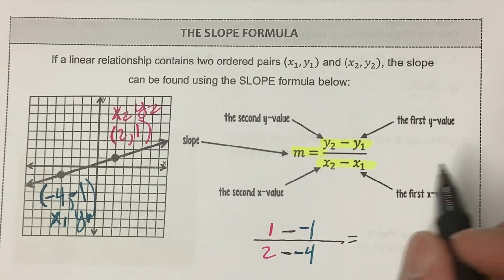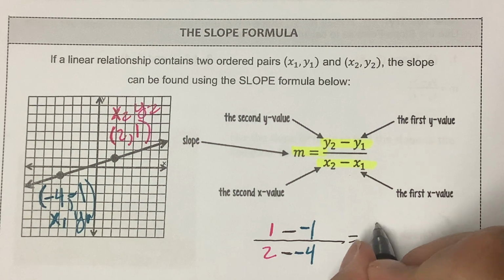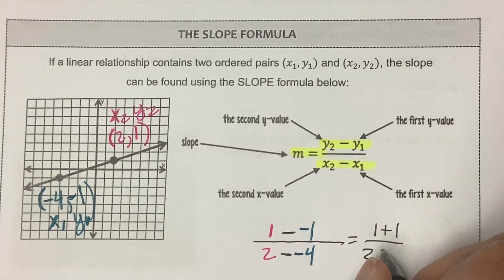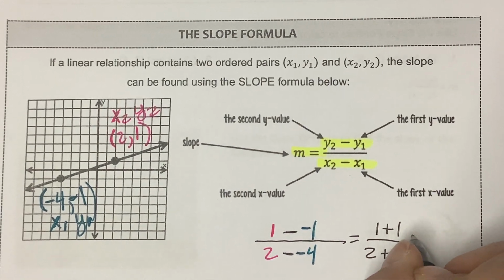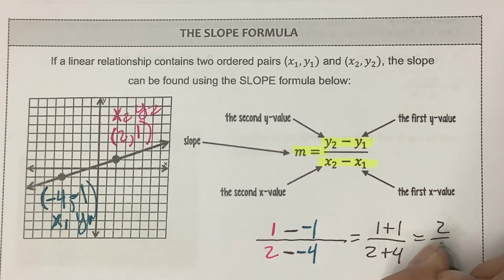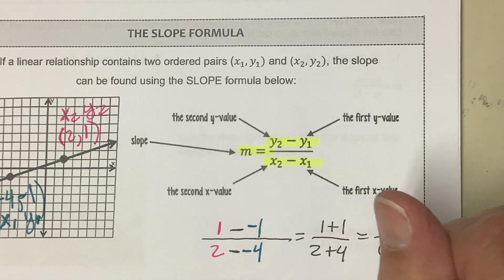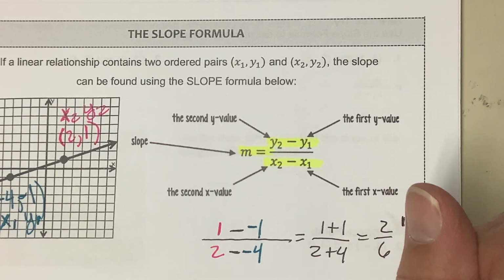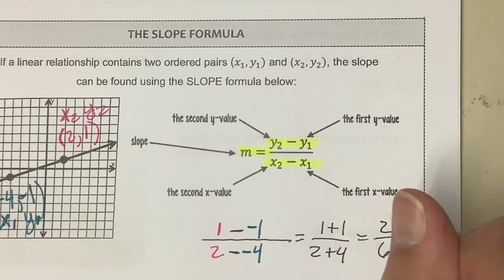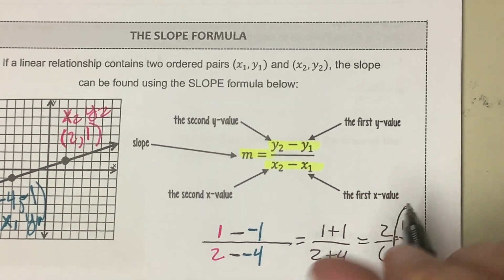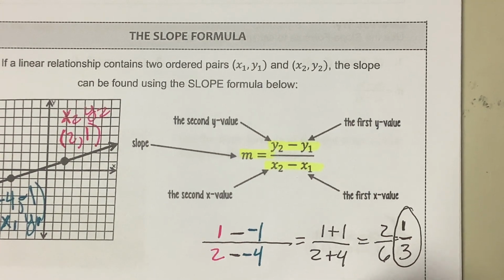And minus a negative is the same as plus. So I'm going to do 1 plus 1 over 2 plus 4. Now I have 2 sixths, which reduces down to 1/3. Those are equal. So there's my final answer. m equals 1/3.